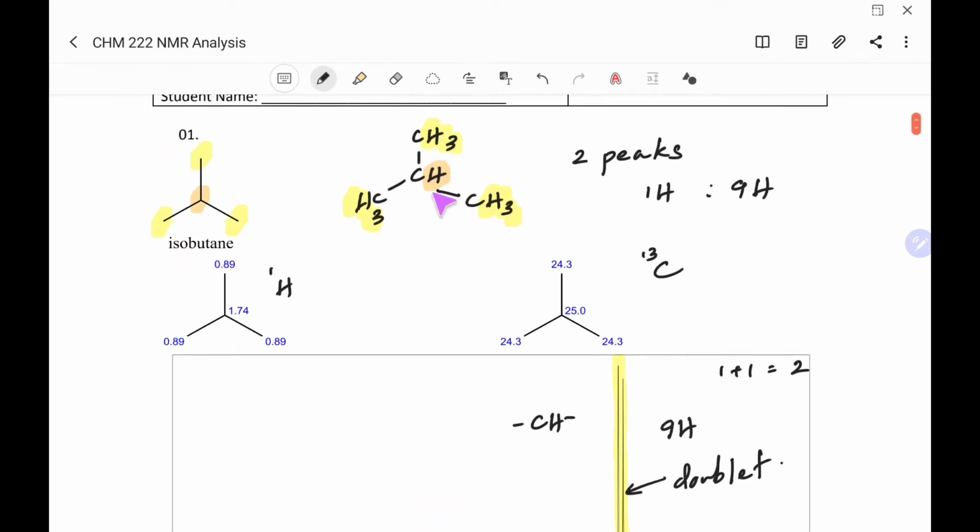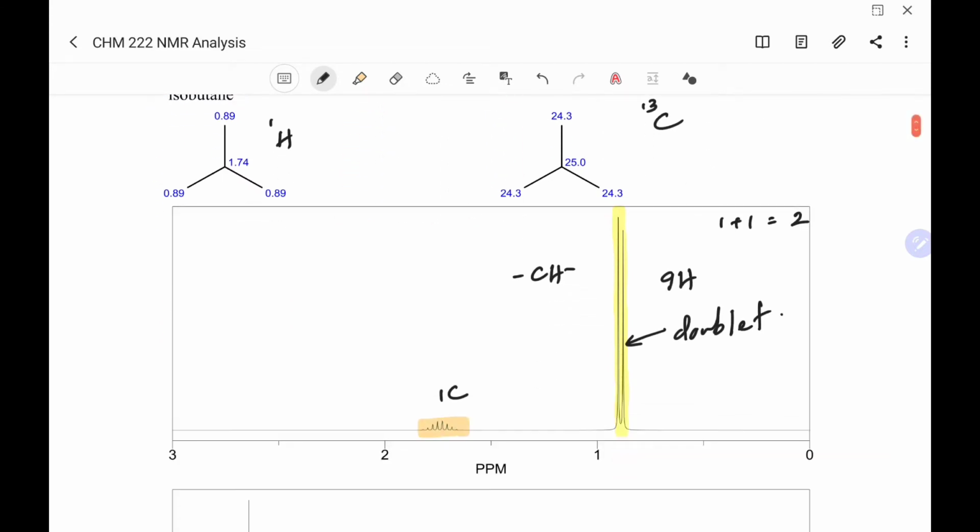And for the CH, you have 9 hydrogens as neighbors. So according to the n+1 rule, you should see your peak for that 1 carbon splitting into 9+1, so you are expecting it to have a multiplet. Why?